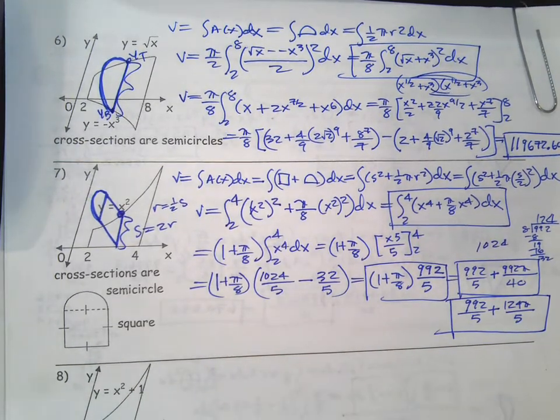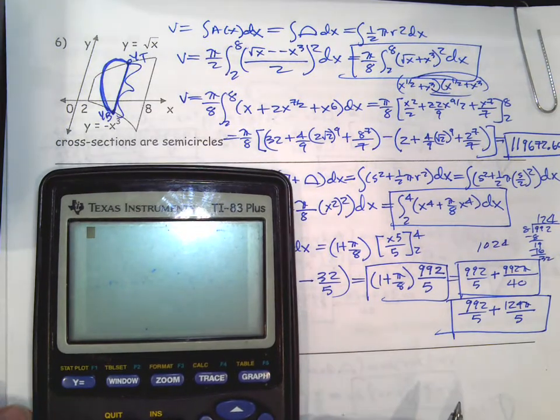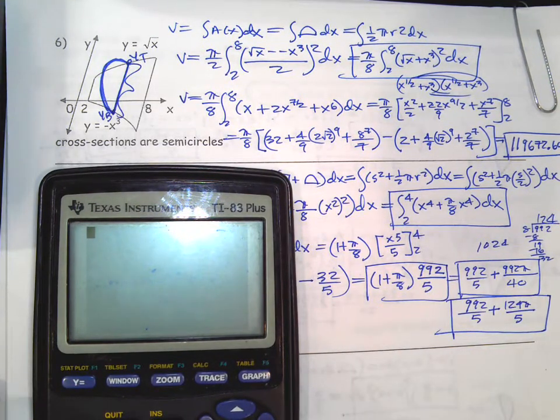Anyways, on our calculator, let's try this out. We go with math 9, x to the 4th plus pi over 8, x to the 4th, comma x, comma 2, comma 4.